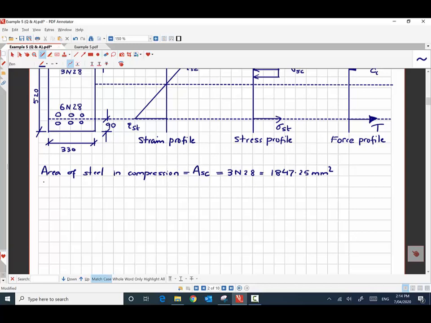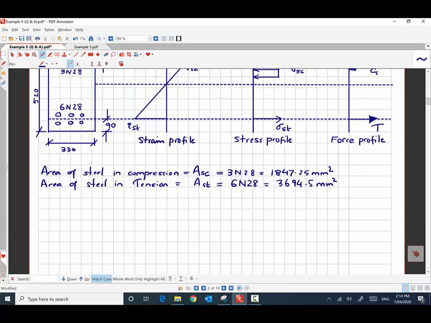Similarly, the area of steel in tension is denoted by AST, and we have 6 N28 bars on the tension side, so the total area is 3694.5 millimeters square.